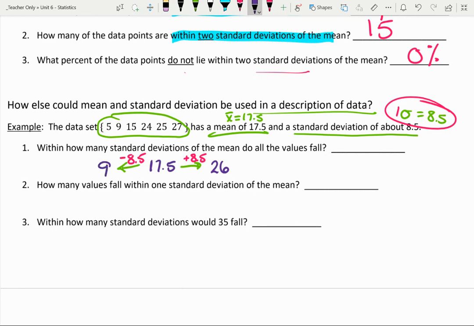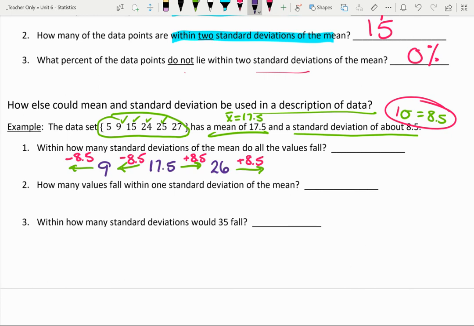Now, if I look at my values between 9 and 26, well, that covers 4 of them, but I've got 5 and 27 that are still outside of that. So I'm going to extend this further. I'm going to go another standard deviation away. So every time I add or subtract 8.5 here, I'm moving one standard deviation further from the mean.